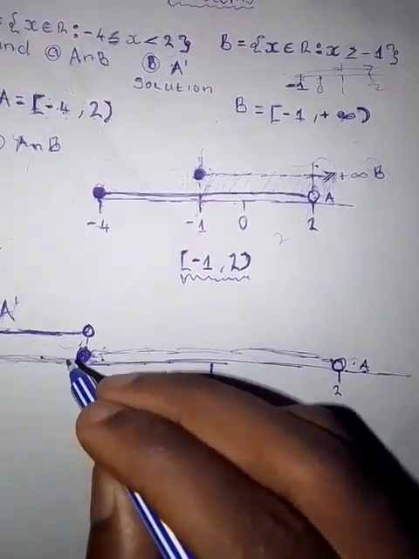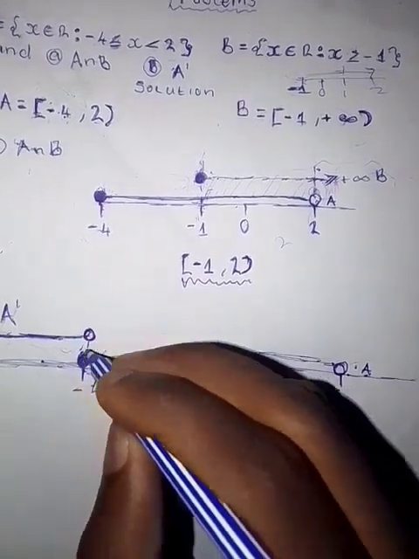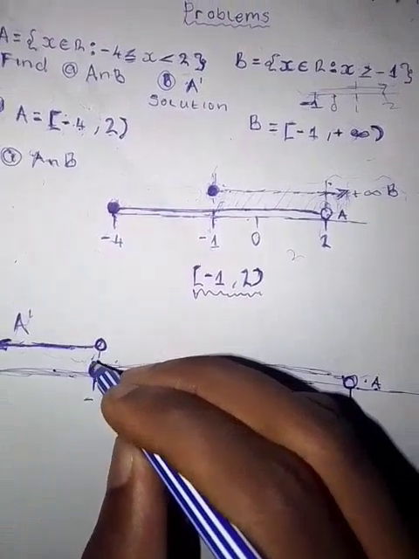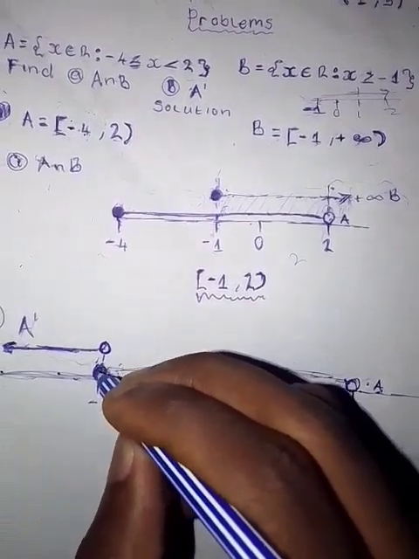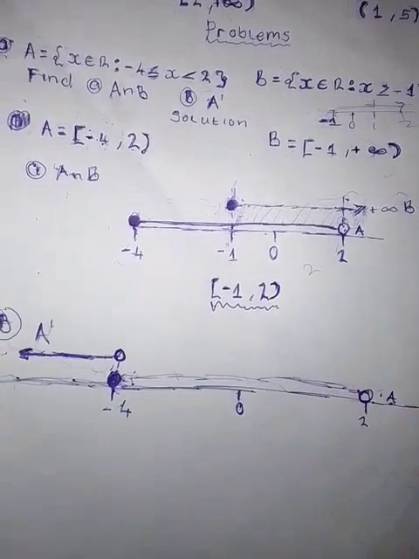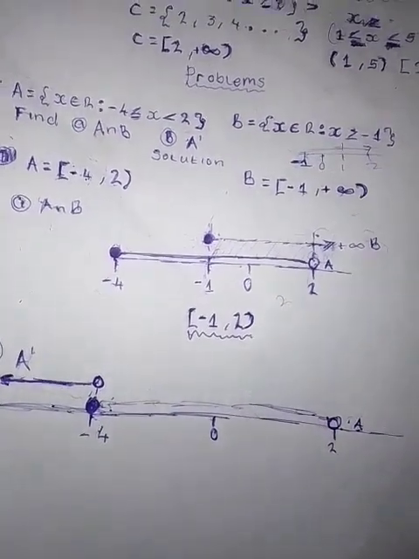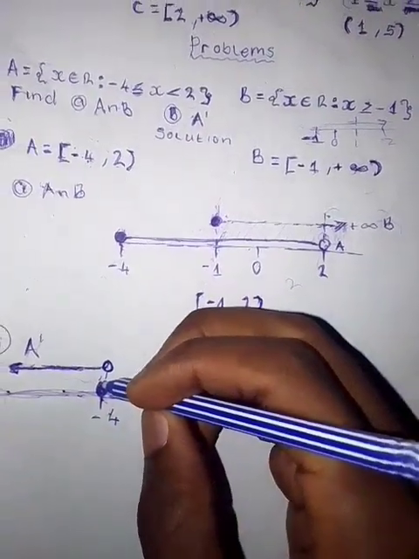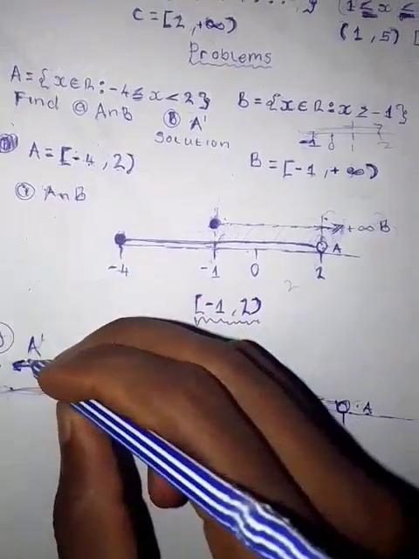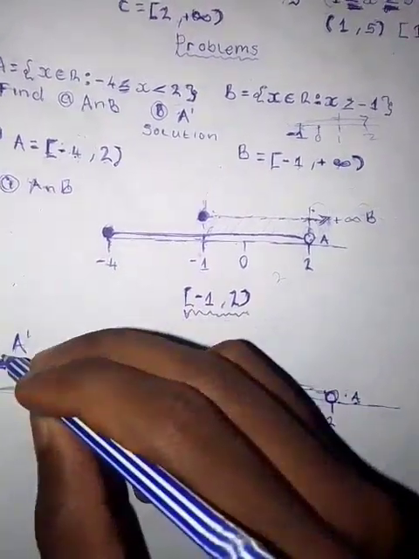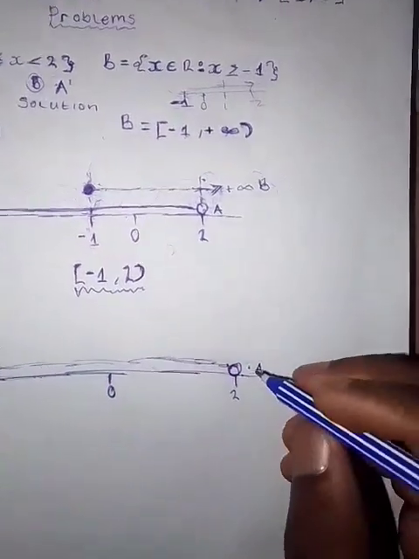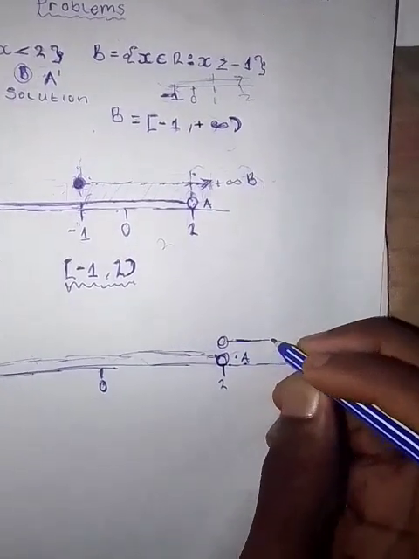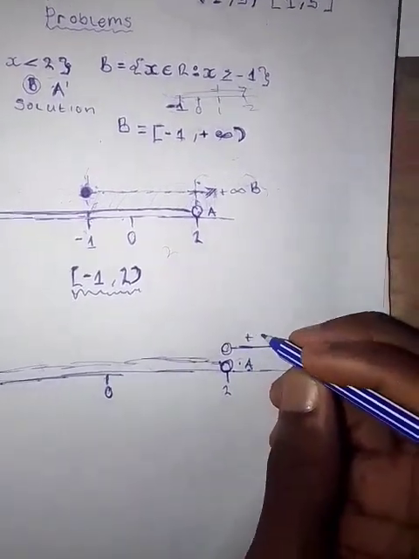You have to show where the elements that are not part of the set are starting from. In our case, some are starting from -4 going to the negative infinity, and others are starting from 2 going to the positive infinity, like this.